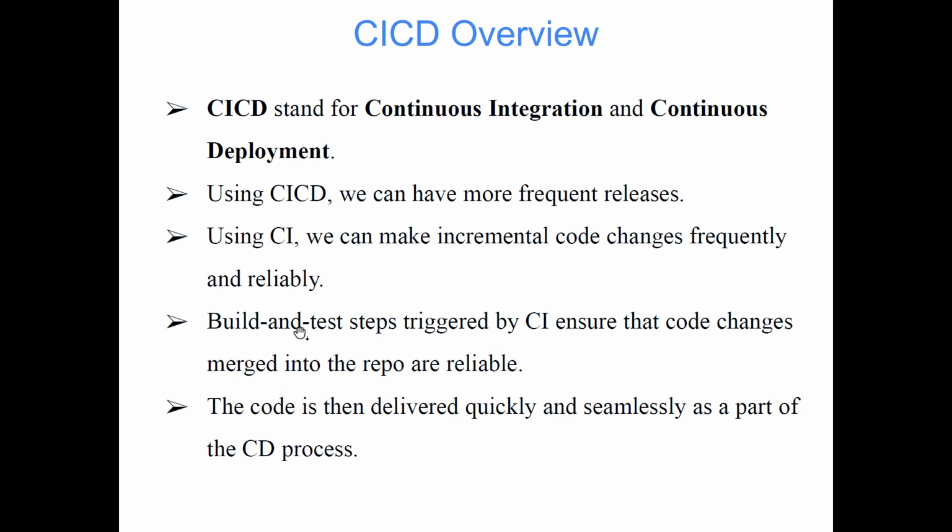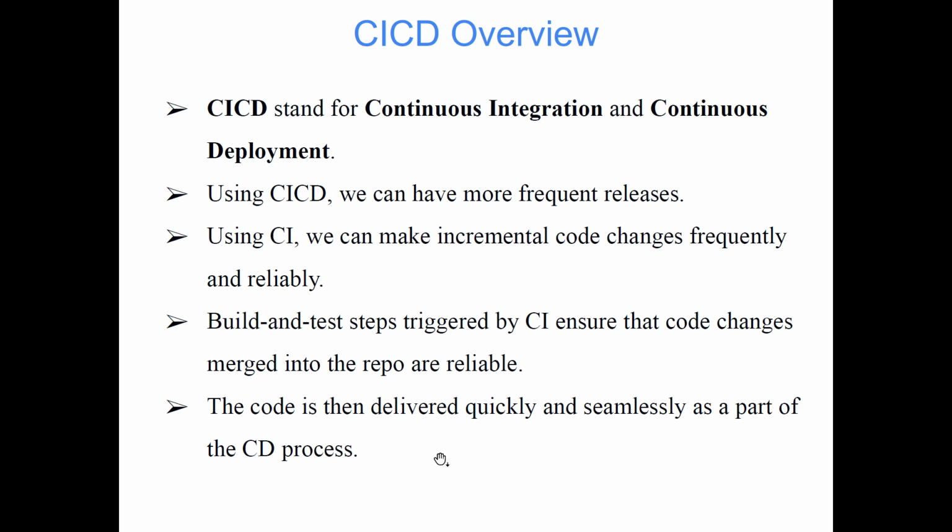The build and test step triggered by CI ensures that code changes merged into the repo are reliable, because you may be working on only one feature. Just because we want to add a new feature, we cannot afford to break so many other features. So it's very important that before we deploy your change, we make sure none of the other features are breaking. The code is then delivered quickly and seamlessly as part of the CD process.